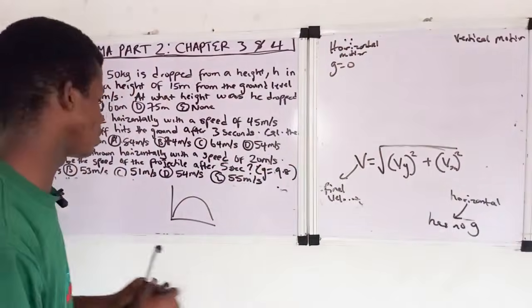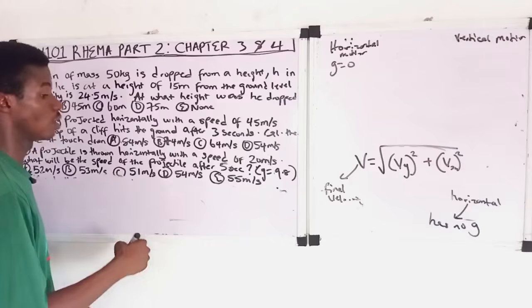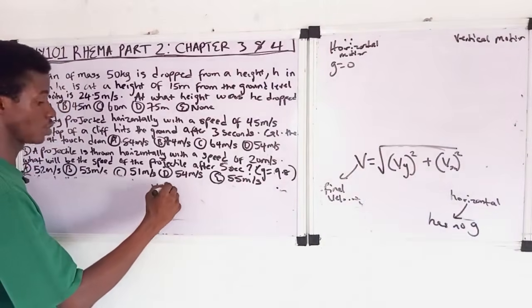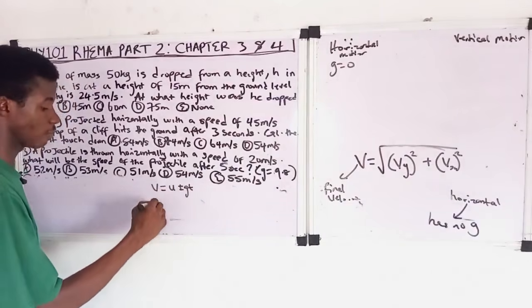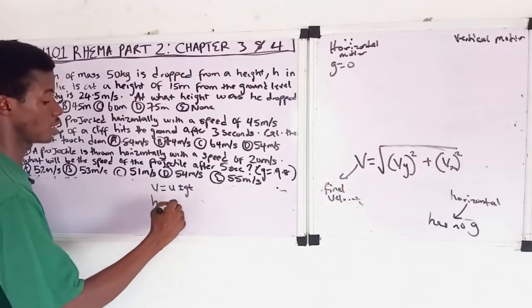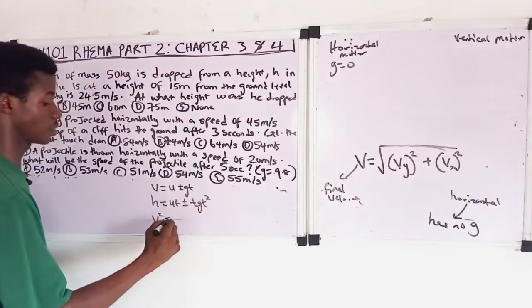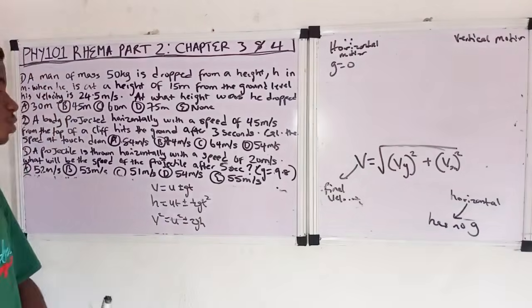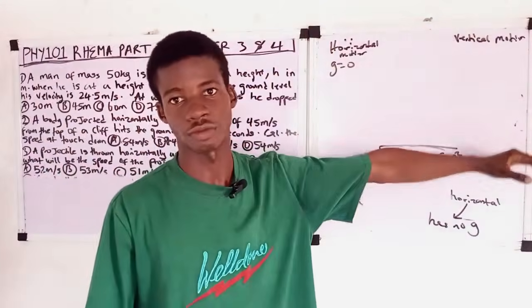In vertical motion, there are 3 equations: v equals u plus or minus gt; since we are dealing with height, h equals ut plus or minus half gt square; and the last one, v square equals u square plus or minus 2gh. So horizontal motion has its own formula and vertical motion has its own formula.